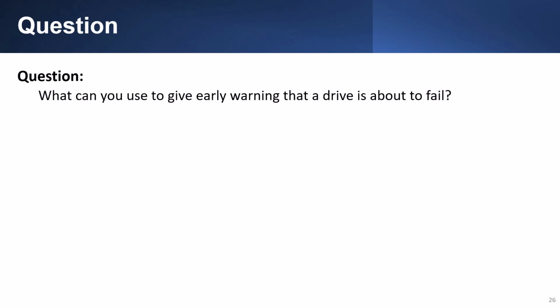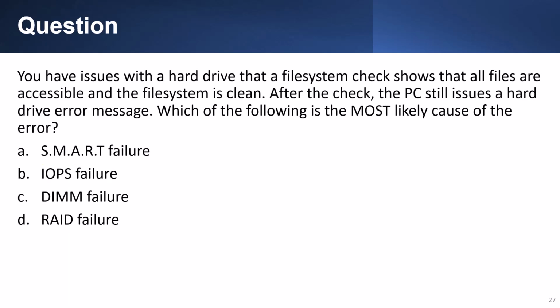Question: what can you use to give early warnings that a drive is about to fail? Answer: S.M.A.R.T. Question: you have issues with the hard drive that a file system check shows that the files are all accessible and the file system is clean.